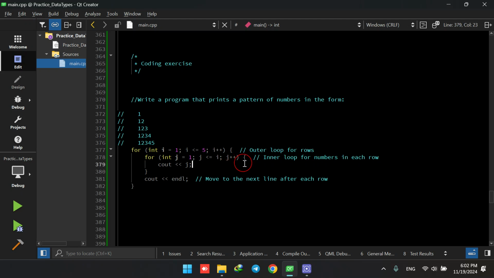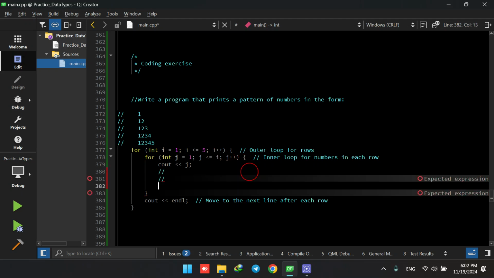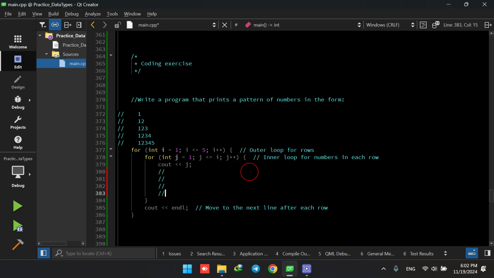So how does it work? Let's start writing the output here step by step. It would be easier to understand the logic. First I equals 1, we enter the loop. j equals 1, and at the same time j must be lower than or equal to I. So I is 1, so j must be lower than or equal to 1.